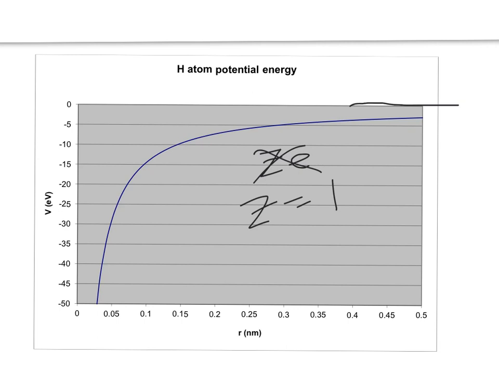The potential energy approaches negative infinity as r approaches 0. And on my graph I have actual energies, where I have r in nanometers and V, the potential energy, in electron volts.